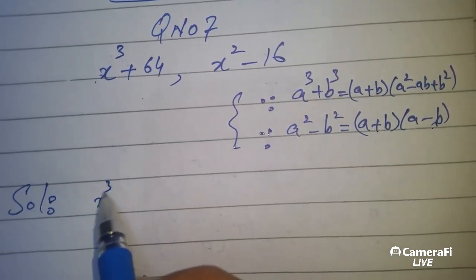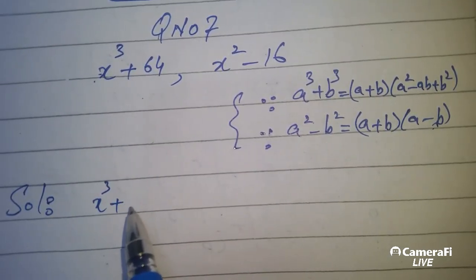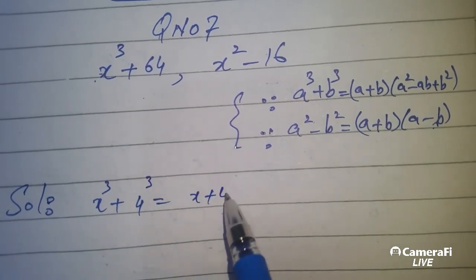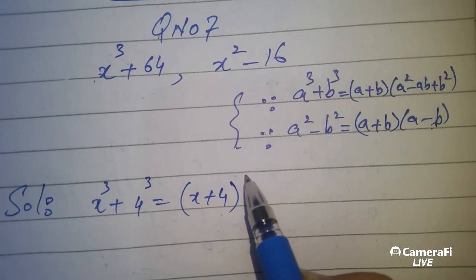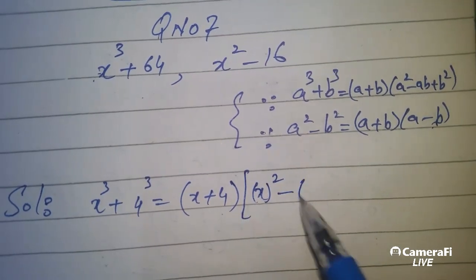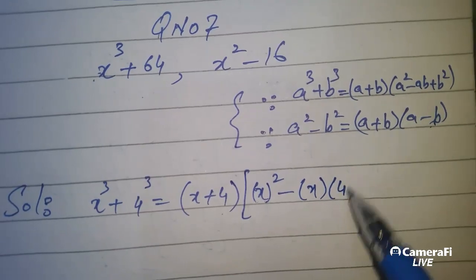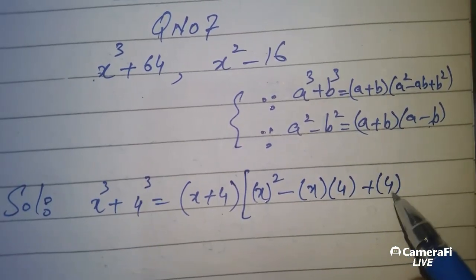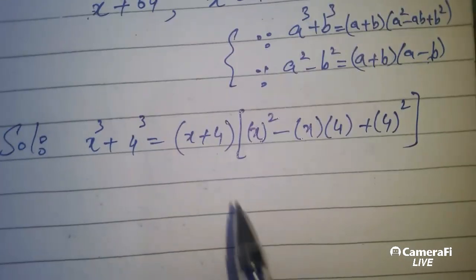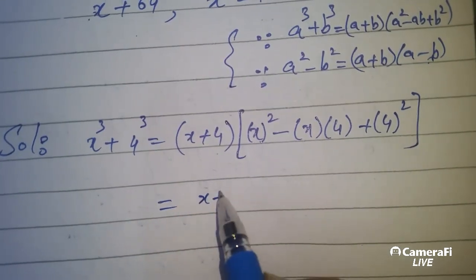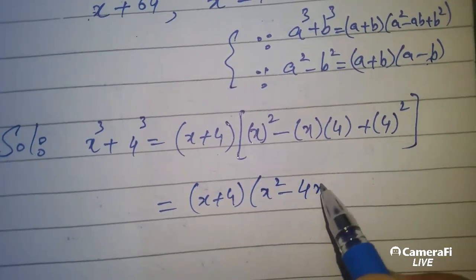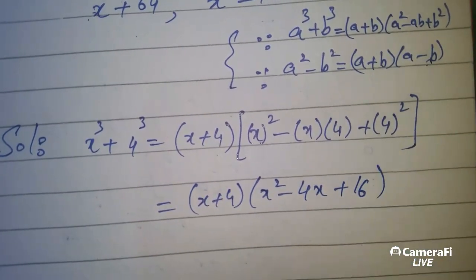For example, x cube plus 64, I can write it as 4 cube. So x plus 4 into x square minus x into 4 plus 4 square. It becomes x square minus 4x plus 16.